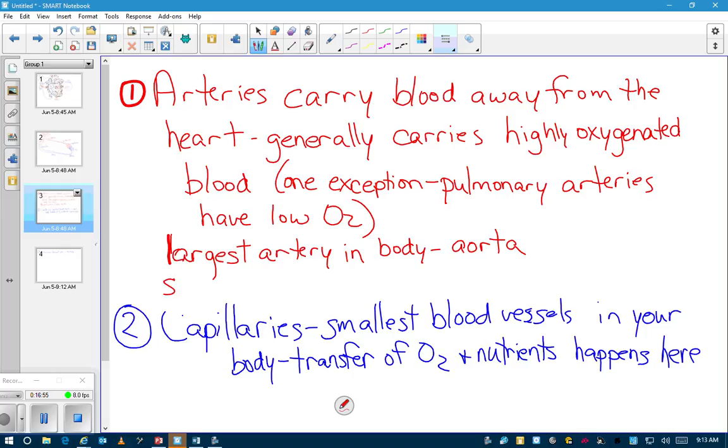All right, so smallest of the arterioles, smallest arteries in body. Arterioles. So largest aorta, smallest arterioles, and in between all the arteries, all the different kinds.